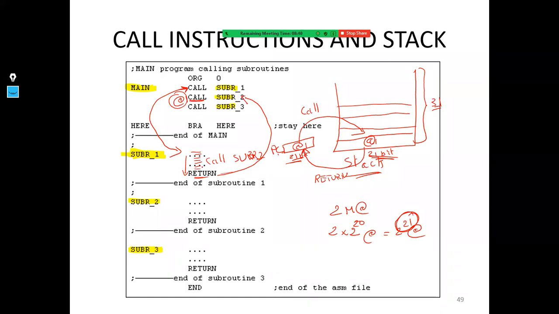Before jumping to subroutine 2, we have to save the address of the next instruction, let's call it address 2. So we have to use another level to save address 2, etc. So we can have up to 31 nested calls. So the stack memory is a 21 by 31 memory.